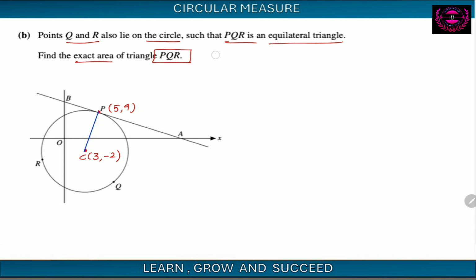So the radius using the distance formula is root of (x2 minus x1) square plus (y2 minus y1) square. So 5 minus 3, plus 4 minus minus 2 square, which is root 40.